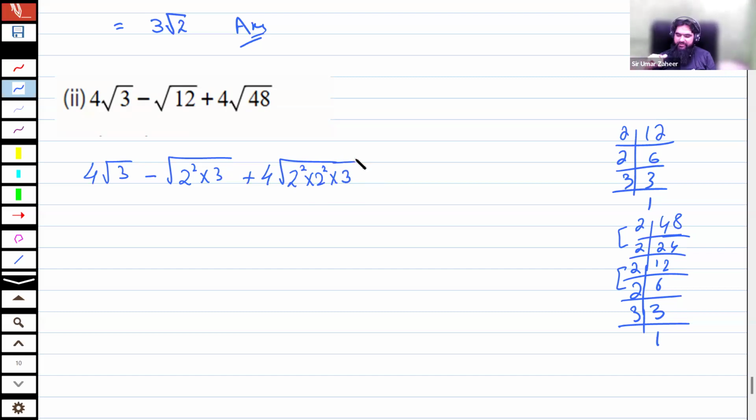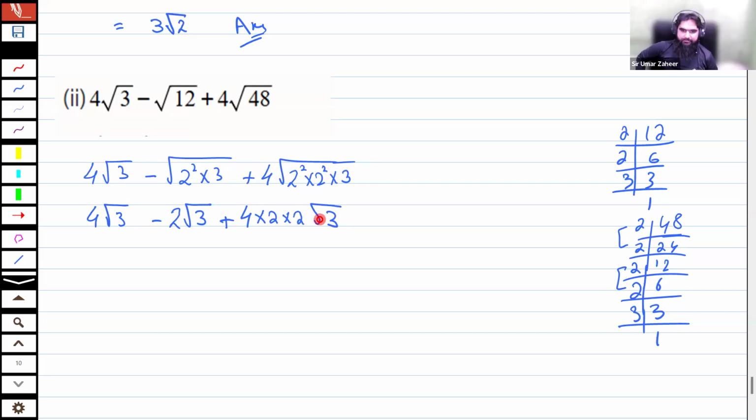Instead of 4, I'm just writing 2 squares, okay? That is going to be easier to cancel out because if you have any bigger value, you can easily take it outside and deal with the surd. So we have 4 square root of 3 minus, take the 2 outside because you have a square. In these two values you have a square, so these two will be outside, with square root 3.